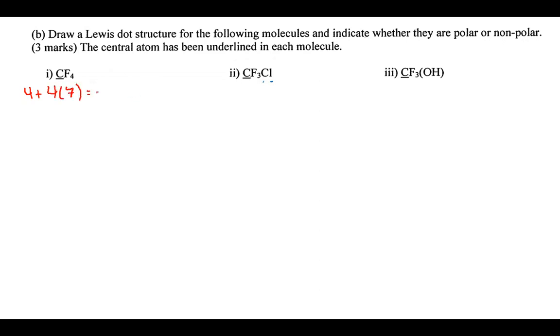So that should give us 32 valence electrons. So carbon is in the center as indicated by the formula there, so then you put your single bonds to each of the fluorines. And then you fill in the octets.